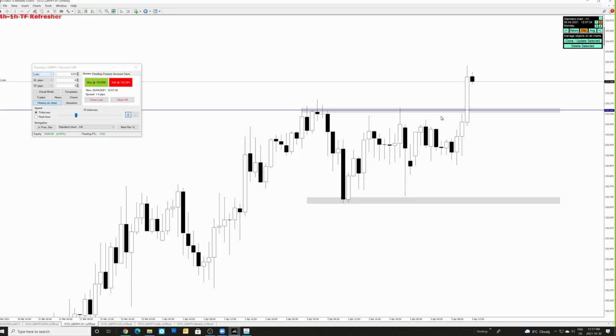All right, there we go. A new 4 hour candle has also started. Now we shall see if price is going to come down, create some sort of a support to continue pushing up. And then that could be a start of a very, very good kind of minor swing trade up.